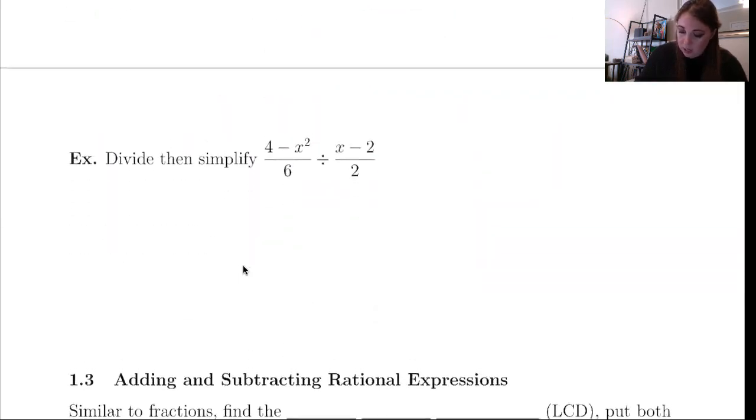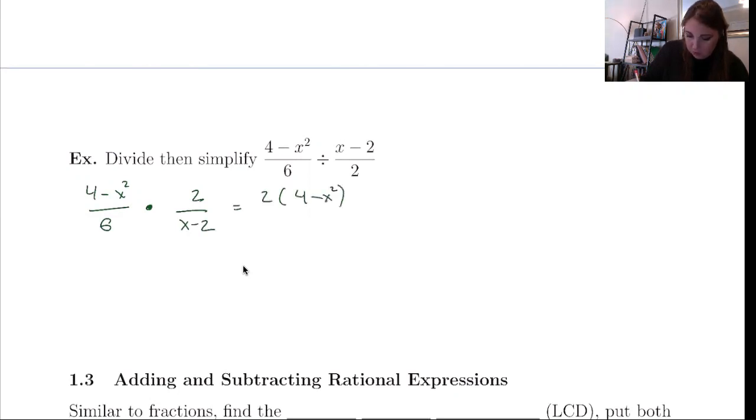Whee! So now we're going to do a division one. Super fun. So right, divide, then simplify. So I'm going to keep 4 minus x squared over 6, change this to multiplication, and then flip it. So it's 2 over x minus 2. Great. So I'm going to then multiply across, then I get 2 times 4 minus x squared.